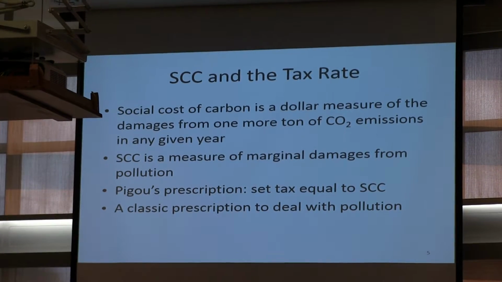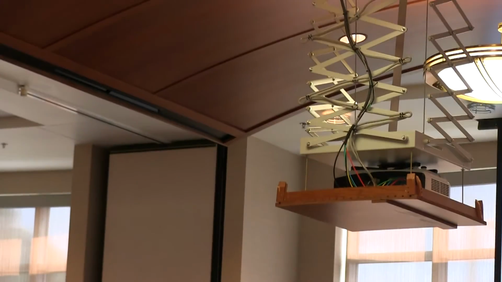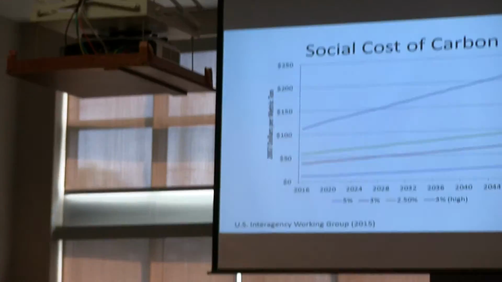So of course, the question is, what is the social cost of carbon? And it turns out we don't really know what the social cost of carbon is. There are lots of estimates, and I'll show you one with these lines here.